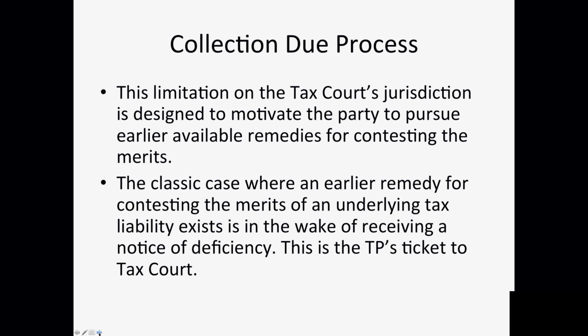In that case, he or she would be foreclosed from disputing the underlying tax liability at a collection due process hearing in tax court. This limitation on the tax court's jurisdiction is designed to basically incentivize the party to pursue earlier available remedies for contesting the merits.